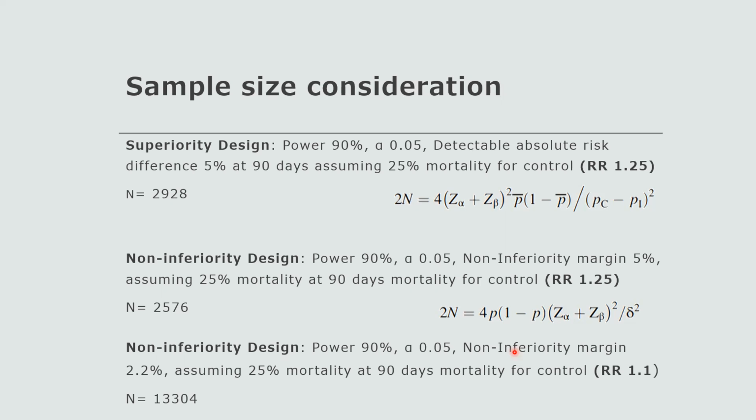But yeah, I think you could have alpha 0.025, isn't that right? Yeah, because they're one-sided tests, and to be equivalent to the superiority design, I think Janet is right. But what would that do to the sample size? One-sided 0.025 would require an even larger sample size, right? Yeah.